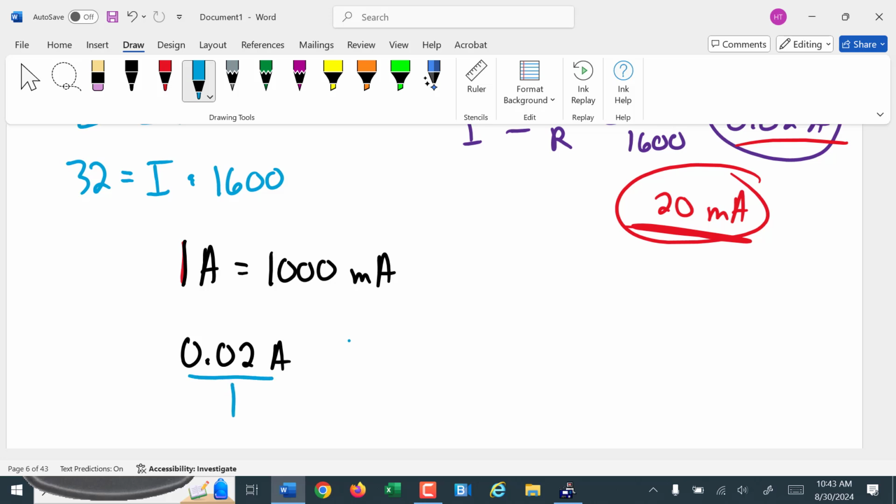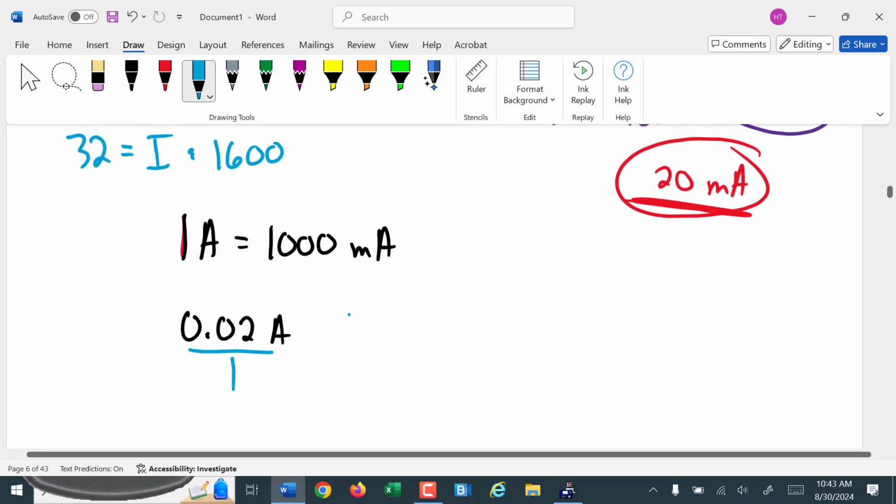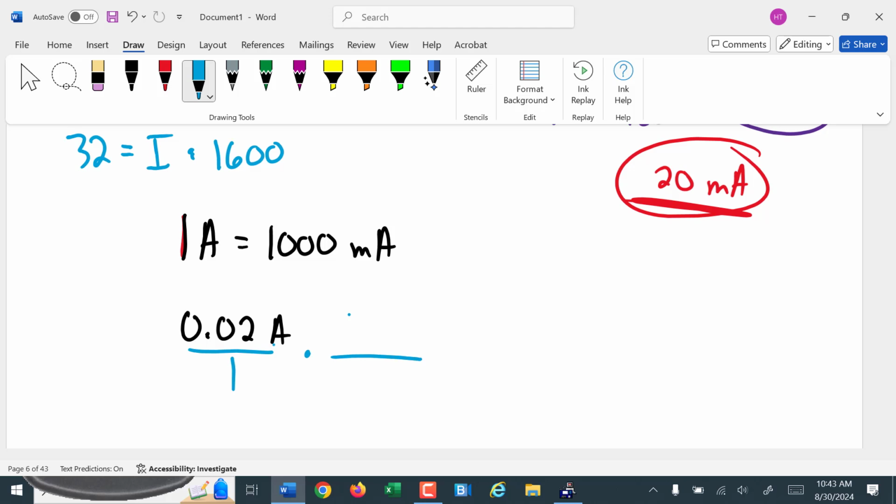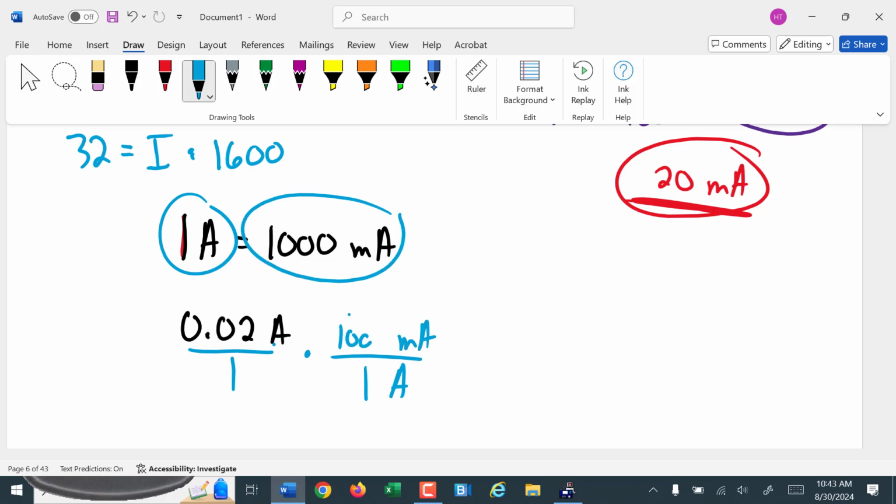So we have 1 amp equals 1,000 milliamps as we're converting back and forth. If I have 0.02 amps, put that over 1, multiply. We're getting rid of amps, so amps has to go on bottom. That's the 1 amp.